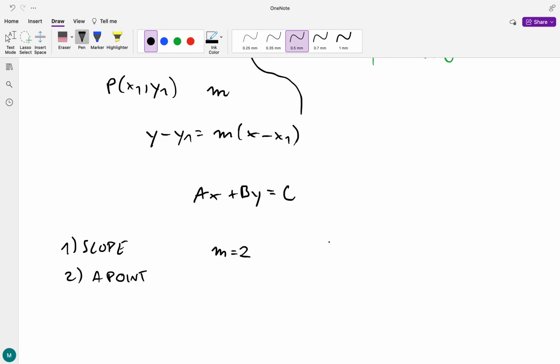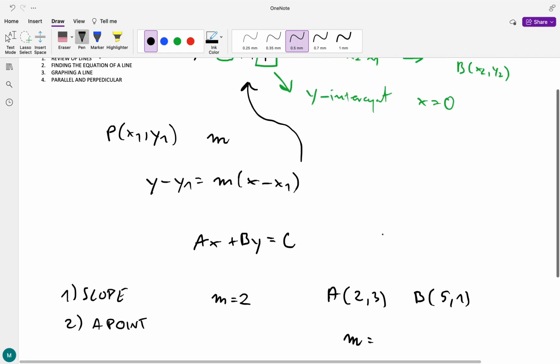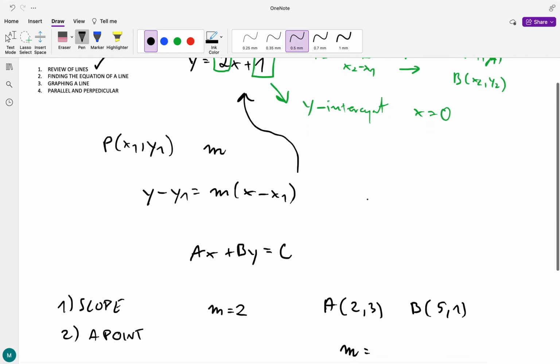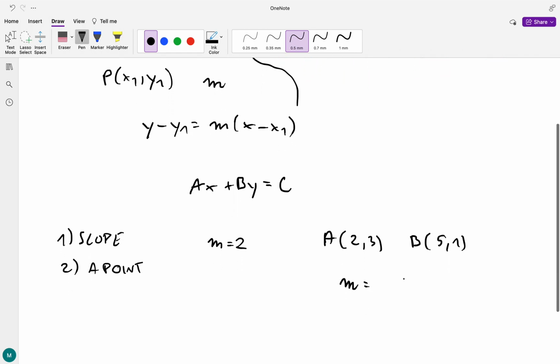Or if we have point A, let's say (2, 3), and point B, let's say (5, 1), then we can use the info in the points to find the slope of the line using the slope formula from here. Why don't we do it just for the sake of an example?